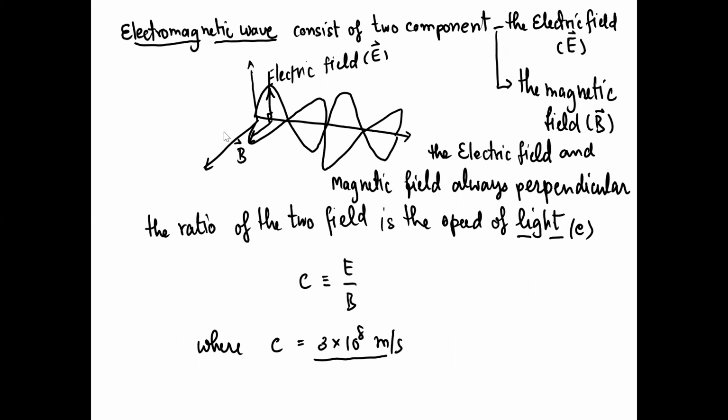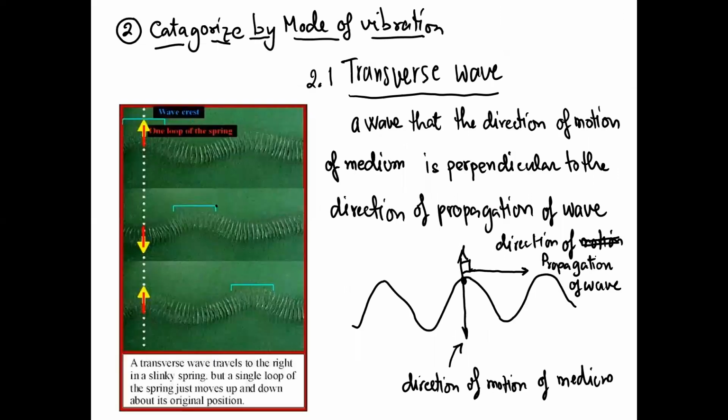And I will just go ahead with one more topic. Another category to separate the waves is by the mode of their vibration. If it vibrates in the direction that is perpendicular to their propagation, propagation is the direction that the wave is moving.